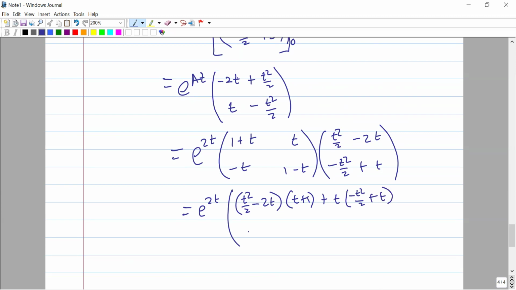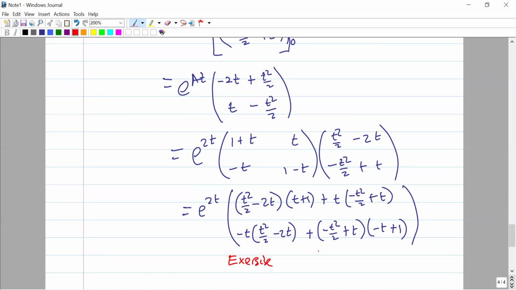All right, then here we have minus t into t squared over 2 minus 2t, and then plus minus t squared over 2 plus t into minus t plus 1. And then the rest is left as an exercise. This is just an algebra exercise. Finish off.